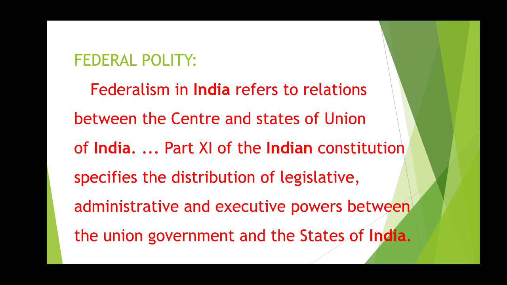In India, we have the union or central government that governs the entire nation, as well as a state government in each state. In this federal system, the constitution provides for a clear division of the roles of the central and the state governments to prevent disputes.